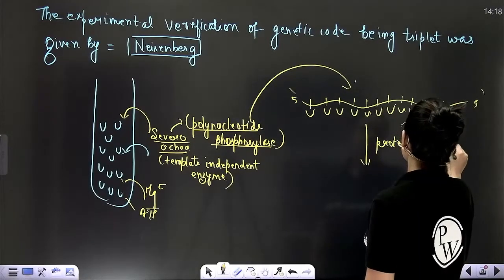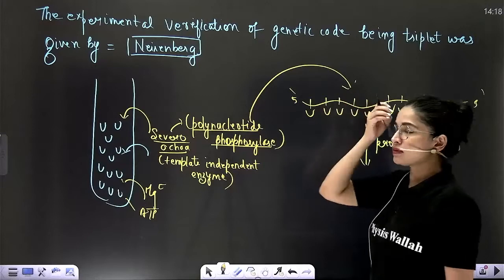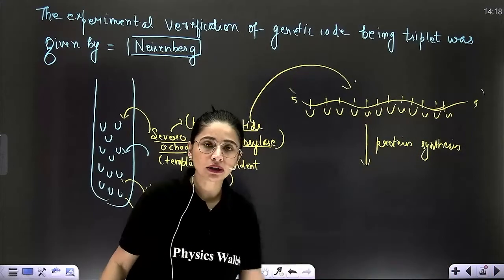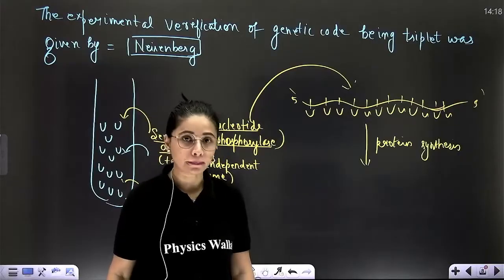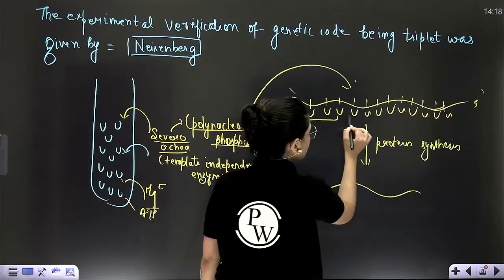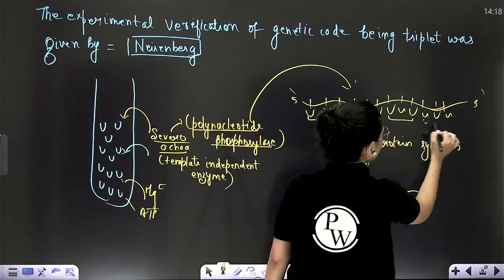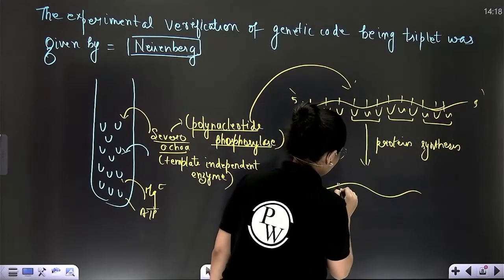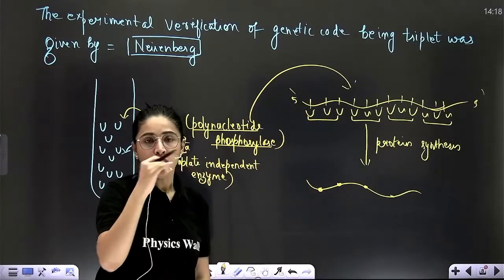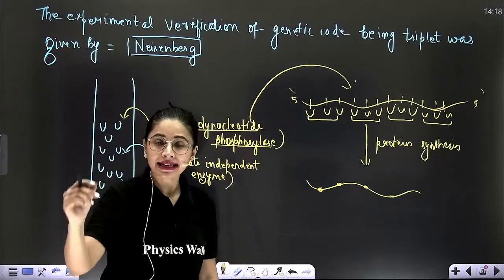After protein synthesis, what did Nirenberg observe? After the whole thing got completed in the test tube, they obtained a polypeptide of 1, 2, 3, 4 phenylalanines. They obtained a homopolymer chain of the amino acid phenylalanine.